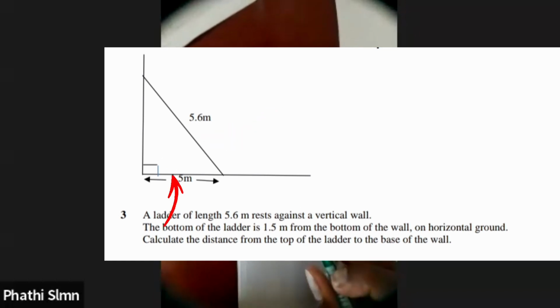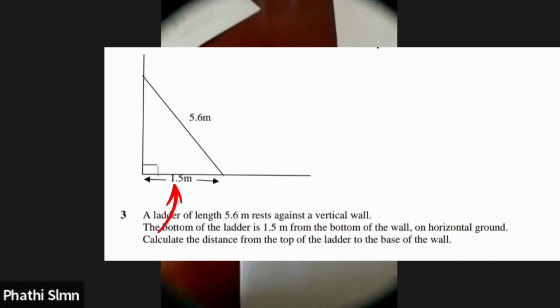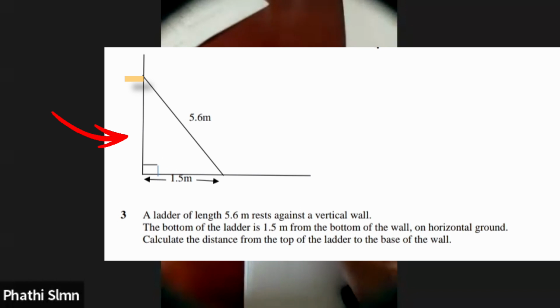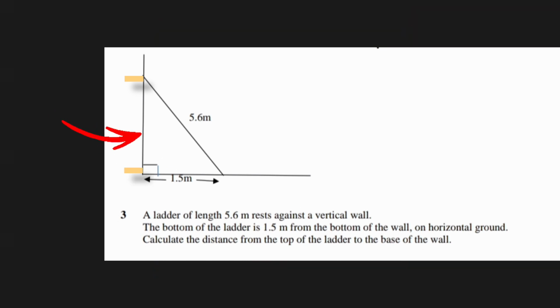The distance between the wall and the base of our ladder is 1.5 meters. Now we are asked to find the distance from the top of the ladder to the base of our wall. So this is the distance that they want us to find.